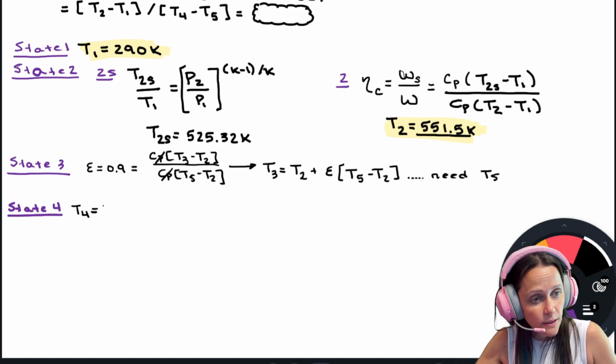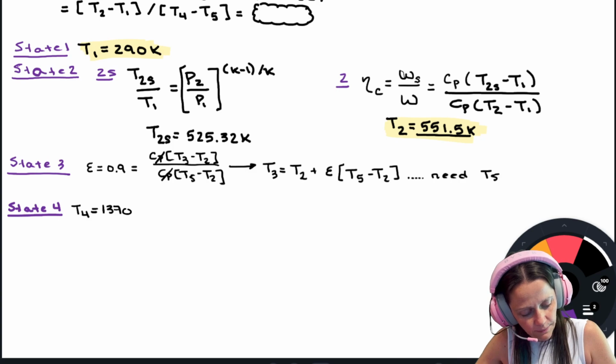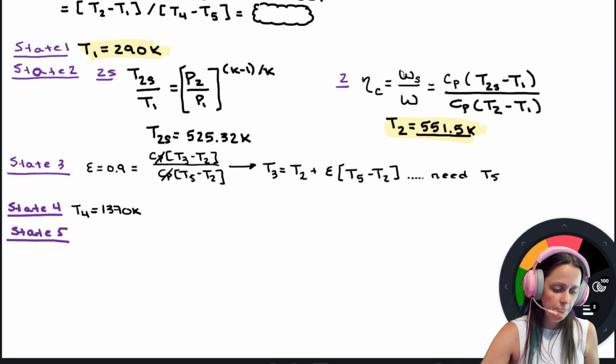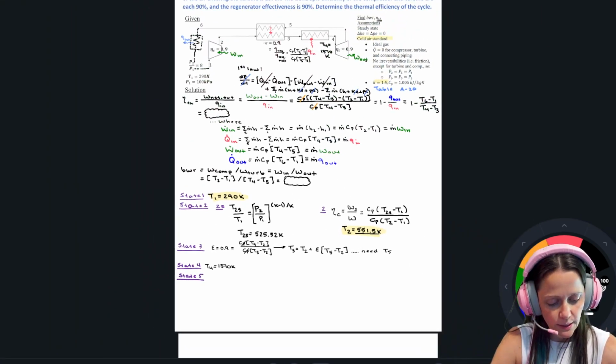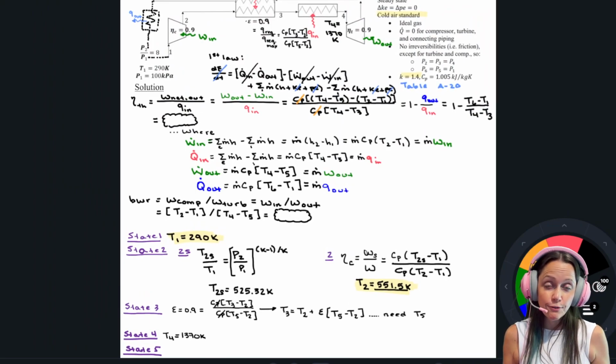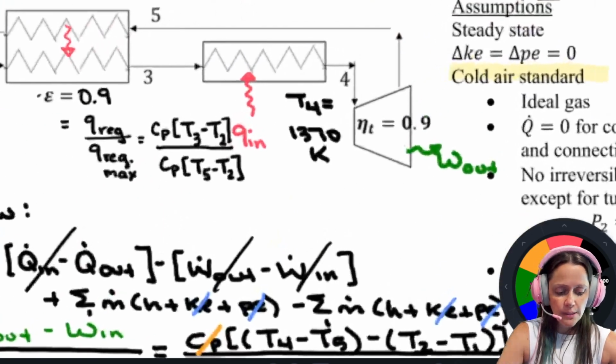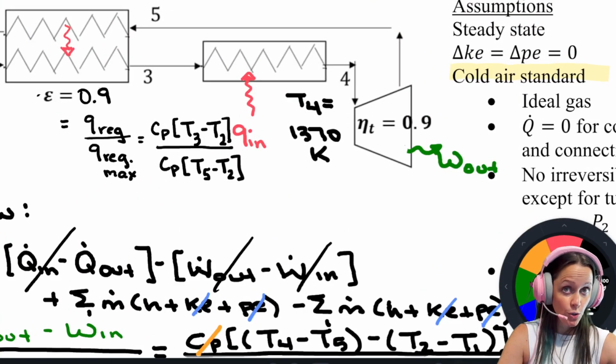T4 is 1370. All right, so now we got state 5. Perfect. Now, if you'll notice, between 4 and 5, we've got expansion through the turbine. Ideally, that would be an isentropic expansion, but you'll notice that we have an isentropic efficiency associated with that turbine.